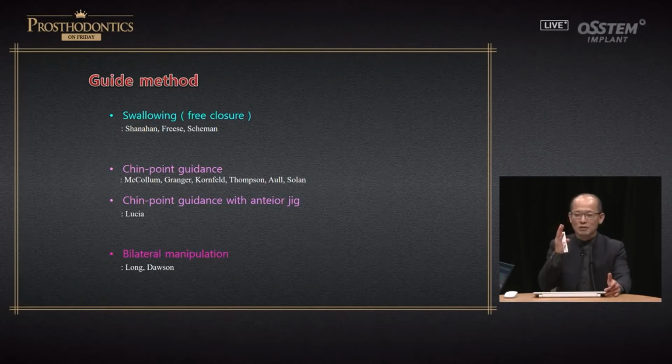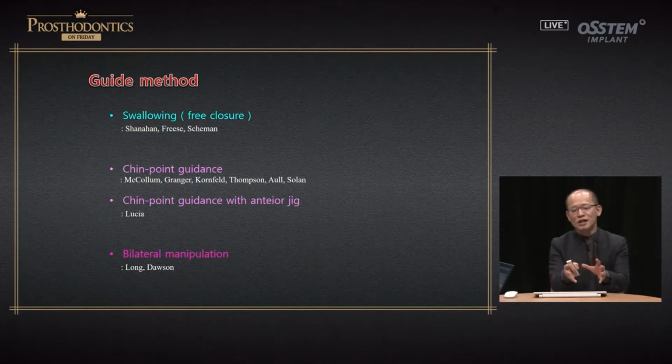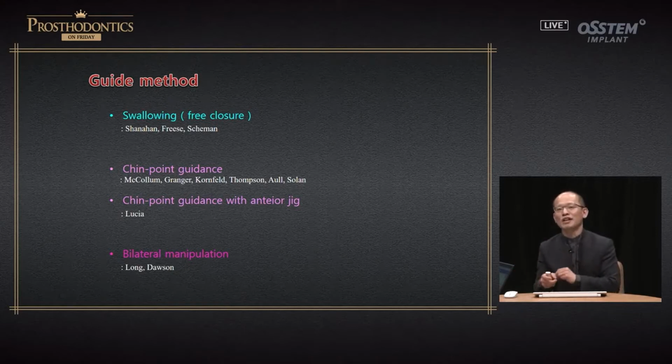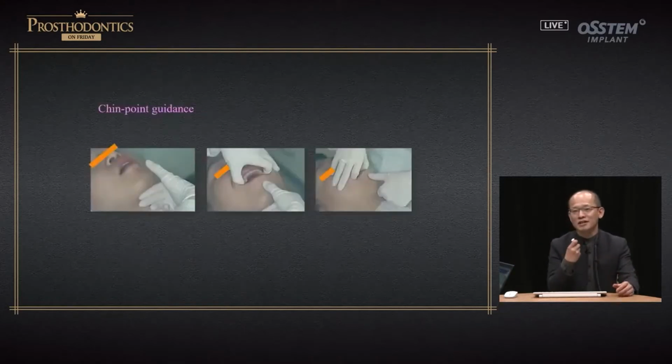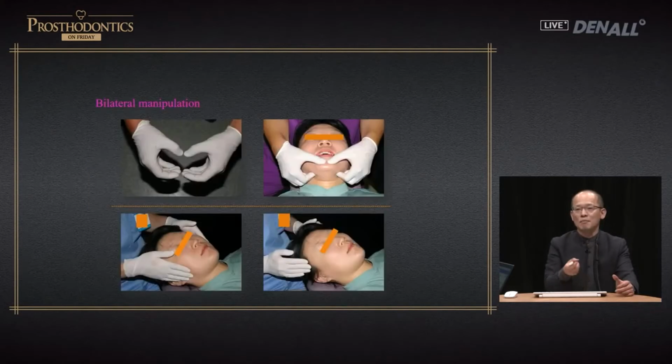What I mean is there's no one golden rule, no one right answer. It's more about the practitioner guiding the same patient to the same consistent positions. So chin point guidance looks very simple, but the head position and hand position are important, and how you close with the thumb is also important.